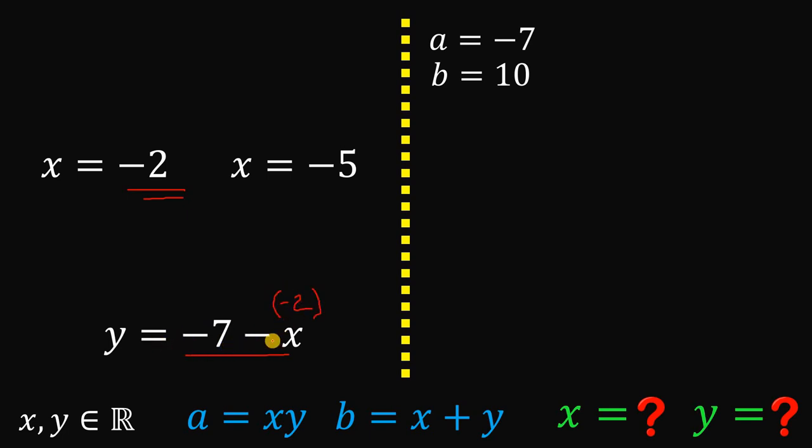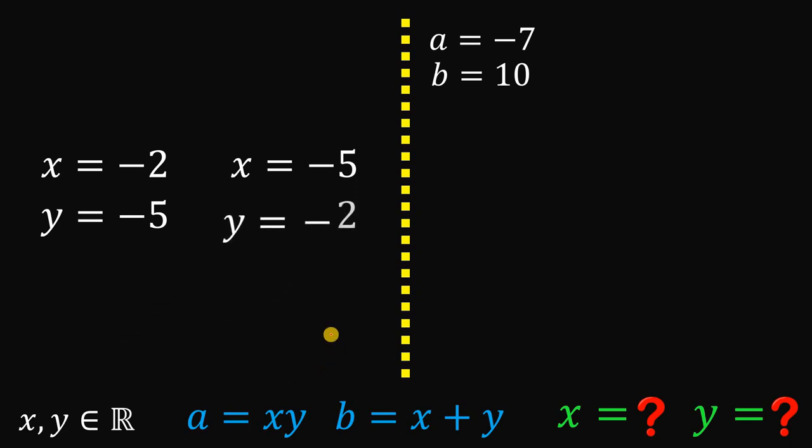This y becomes negative 7 minus negative 2, or simply equivalent to negative 5. And then, if this x is equal to negative 5, y equals negative 7 minus negative 5, or equivalent to negative 2.